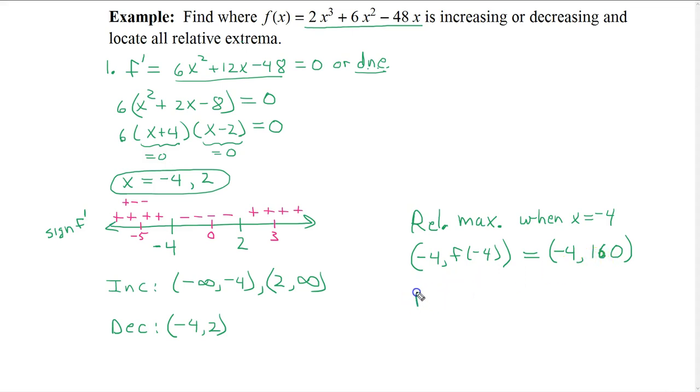And the relative minimum, that's occurring when x equals 2, or the point on the graph that is the relative minimum would be 2, f of 2.